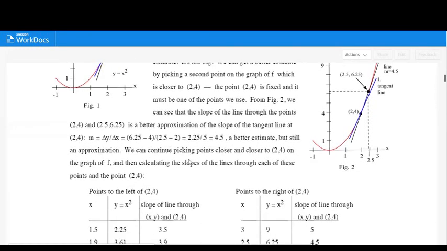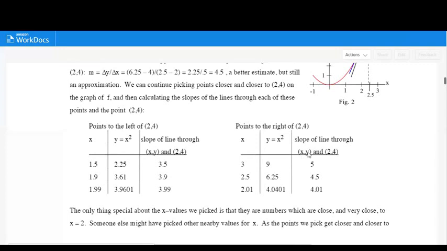So we can continue picking points closer and closer to (2, 4). So we can pick here, pwede din dito sa right side or nasa left side. So by picking closer and closer points to (2, 4), and then calculating the slopes of the lines through each of these points and the point (2, 4), we can have this.